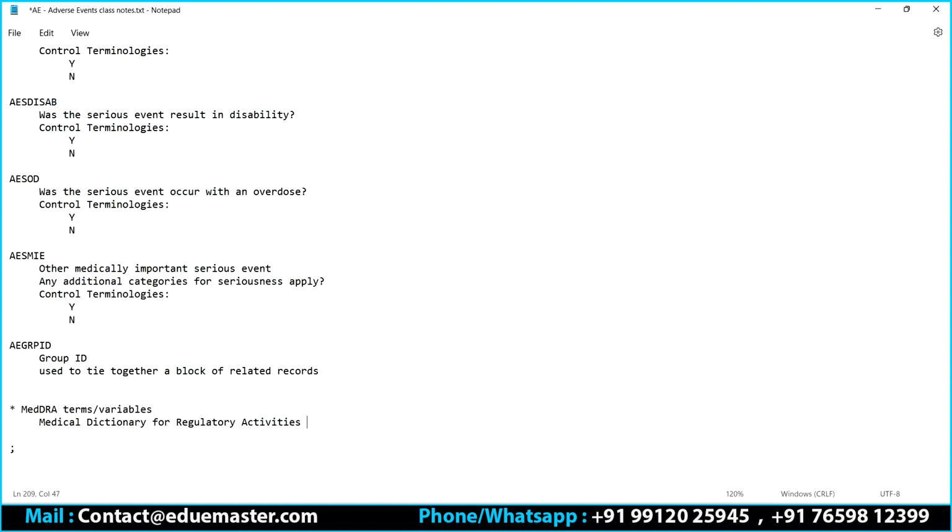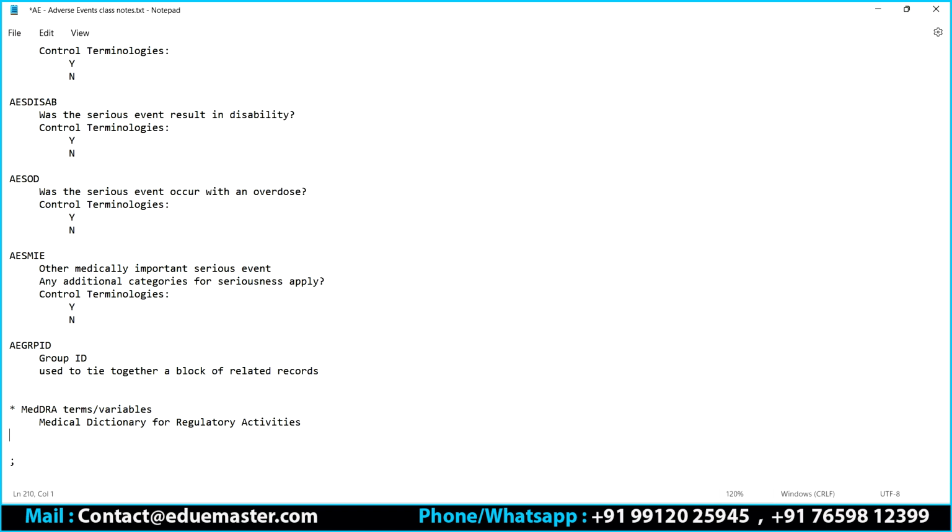terms, right? There might be medical conditions, there might be medicines, there are going to be medical devices, correct? So we need to use a standard set of terms. Those standard set of terms are going to be defined and maintained by MedDRA.